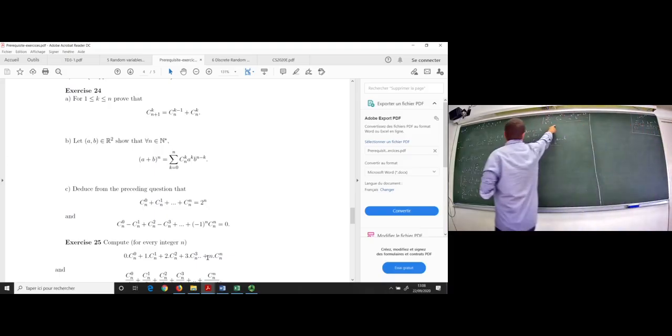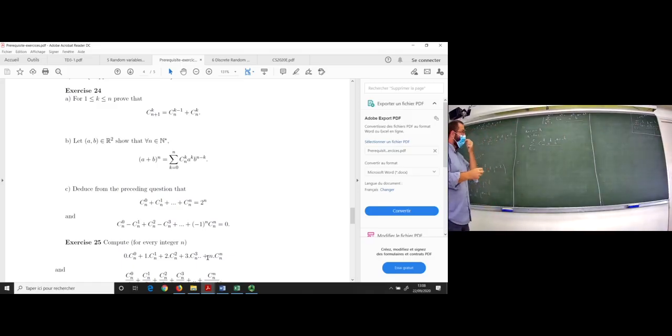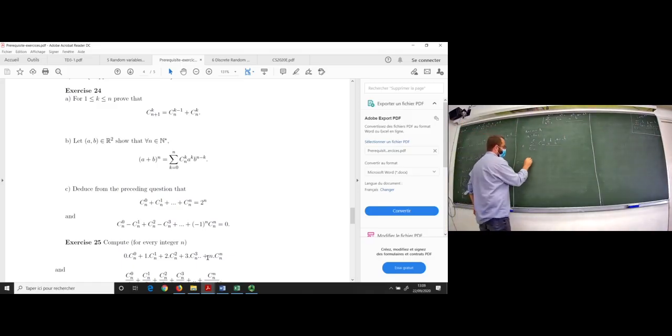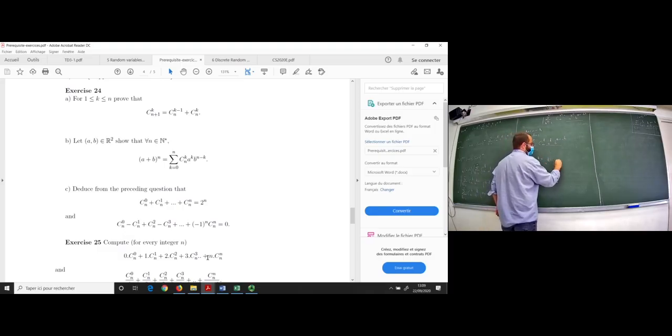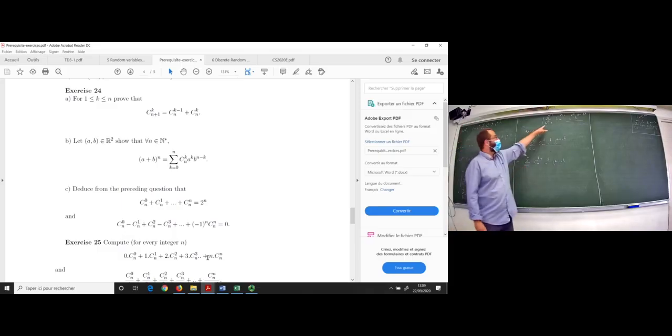That's why I write the first part of the sum as the sum from k equal to 1 to n of c n, k minus 1, a to the k, b to the n plus 1 minus k. But if I do this, I miss the term for k equal to n plus 1.